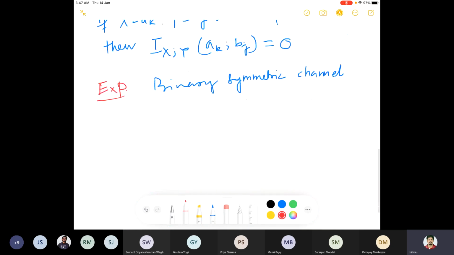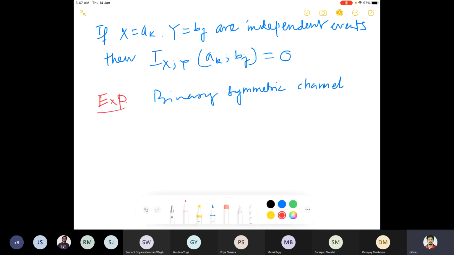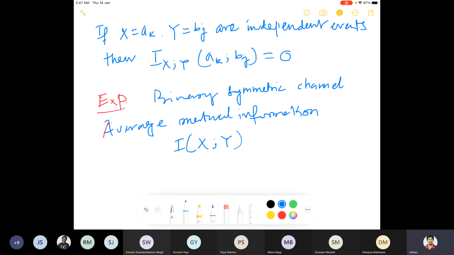So another concept was average mutual information, and the notation has changed from individual sample points to the entire random variables X and Y. So this is just the average in the sense of expectation. Since this is a joint random variable, we defined it this way.